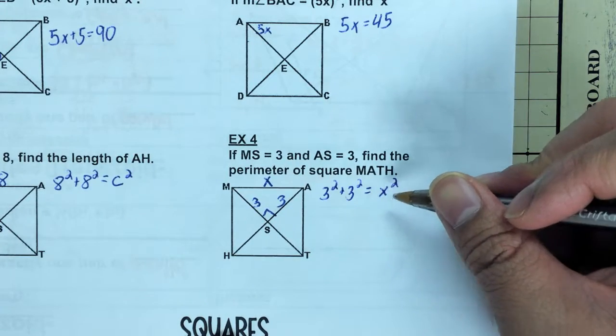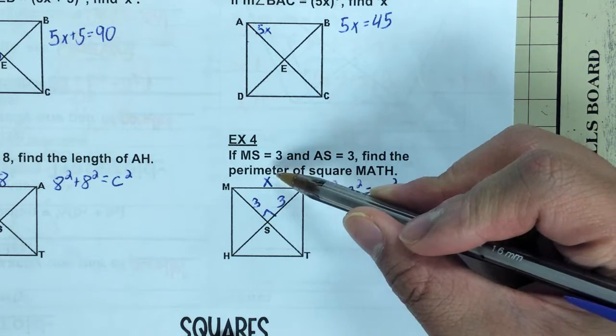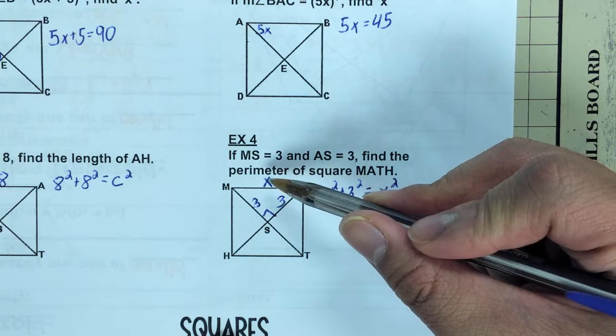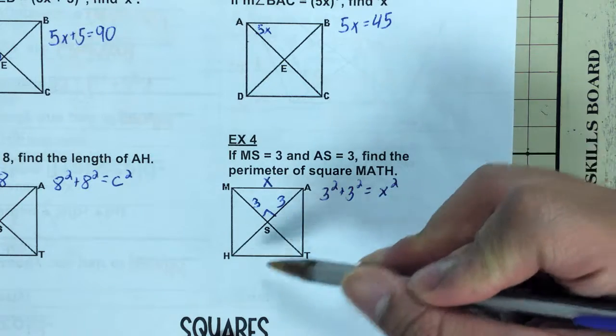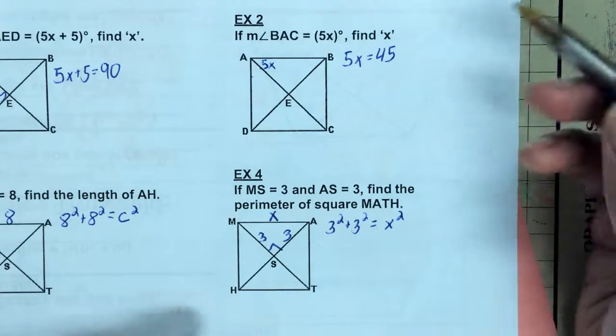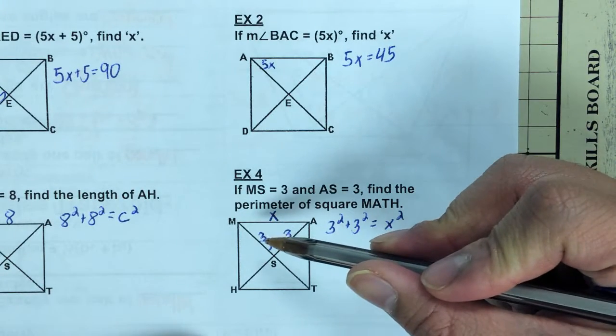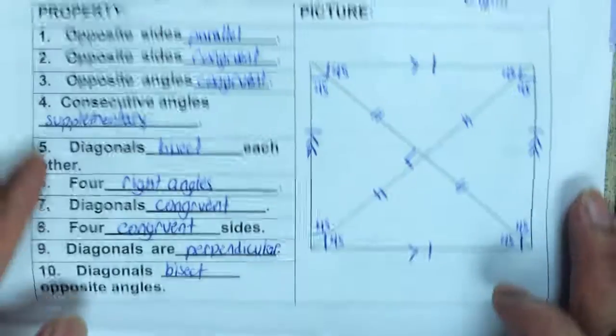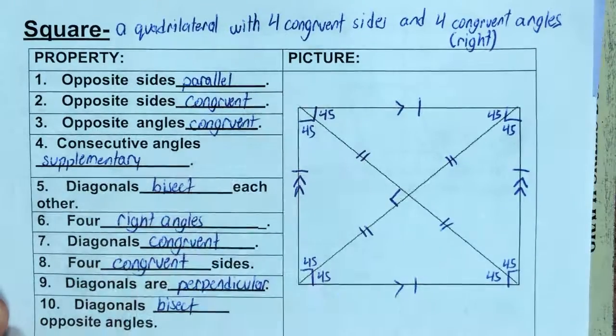And you solve for x, which gets you one side. Perimeter means I have all 4 sides, which means I do this, plus this, plus this, plus this to find my final answer. But the basic idea is, in a square, you know that is a right angle over here. So there you have properties of a square.